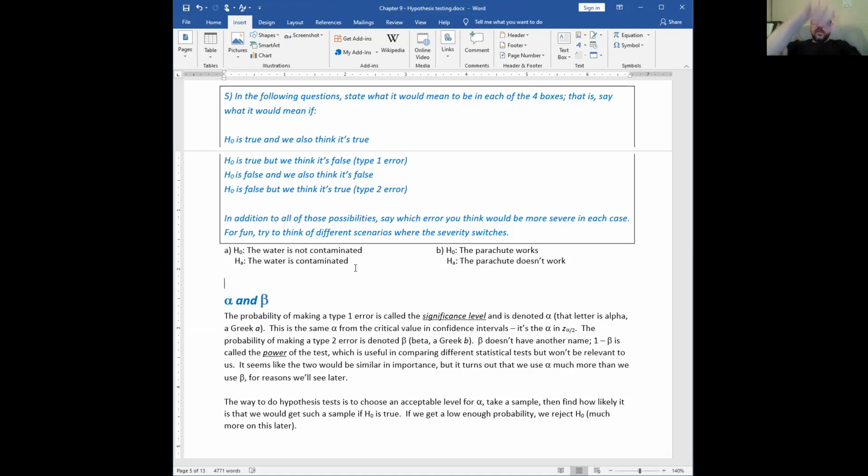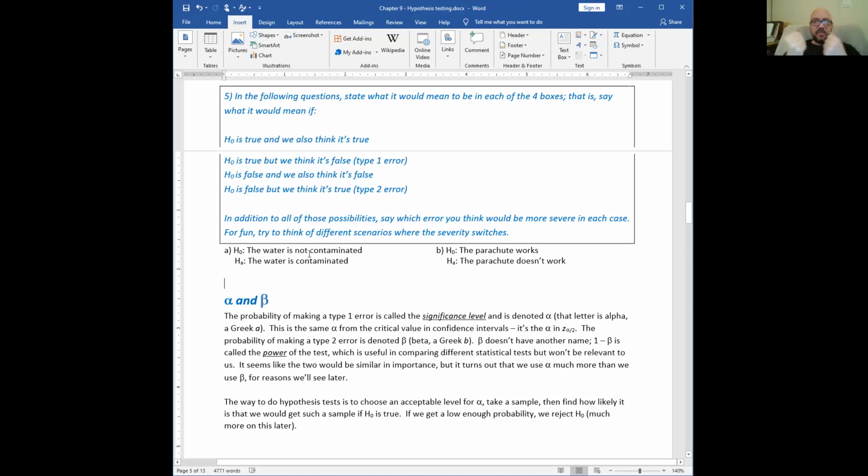So let me give you a couple of scenarios here to show different perspectives on this, right? I gave you the obvious one that everybody thinks of first, where you're at a stream and you're thinking about drinking the water. The stream looks clear, so our default is that the water is not contaminated.